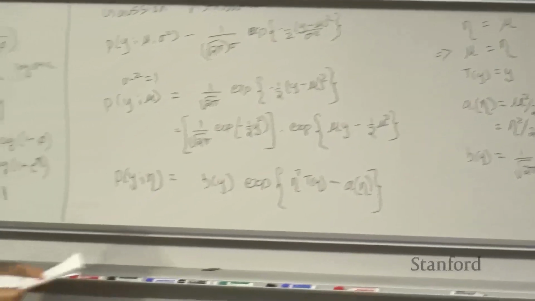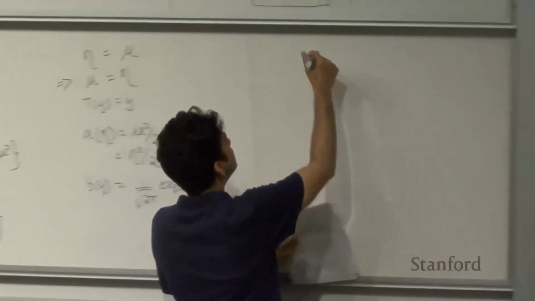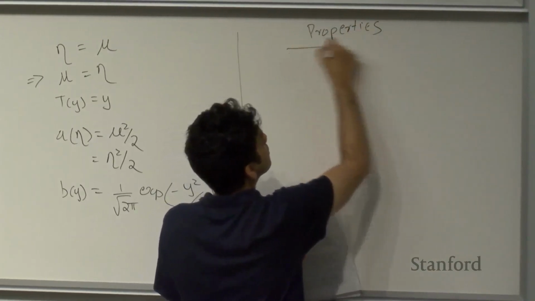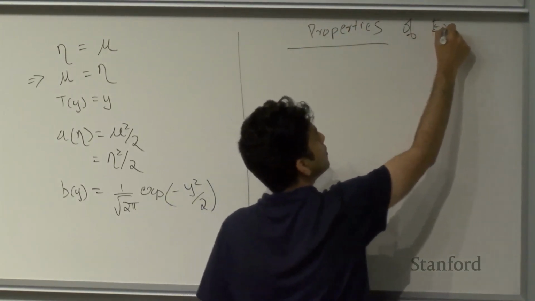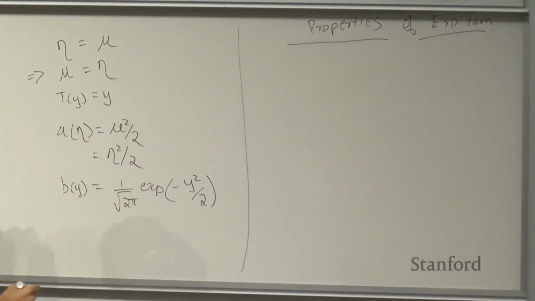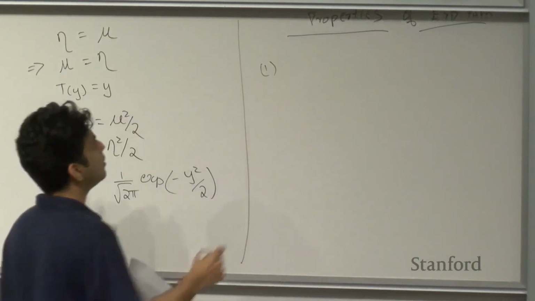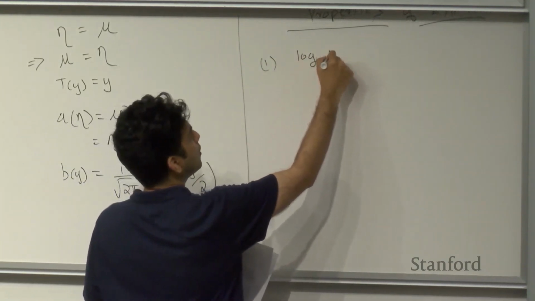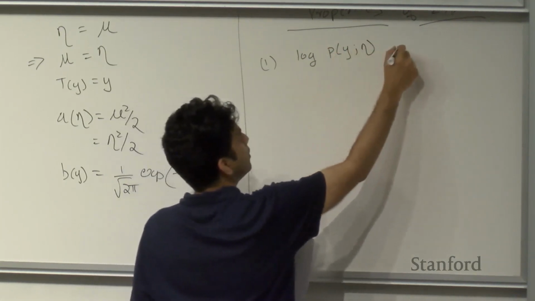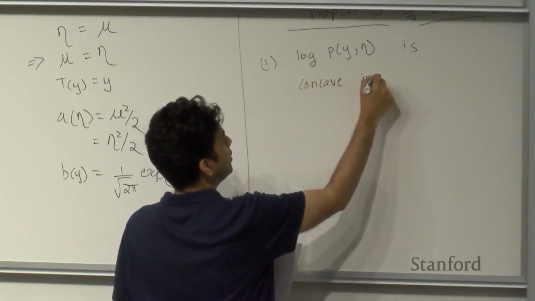Now, exponential families have a few nice properties. Properties of exponential families. One property is that log p of y given eta is concave in eta.